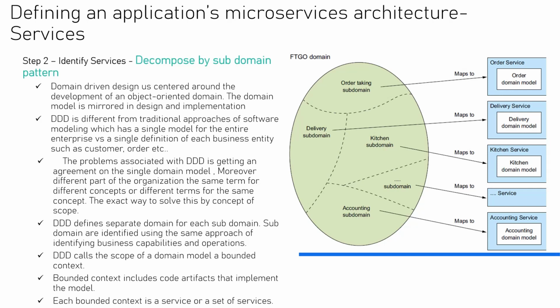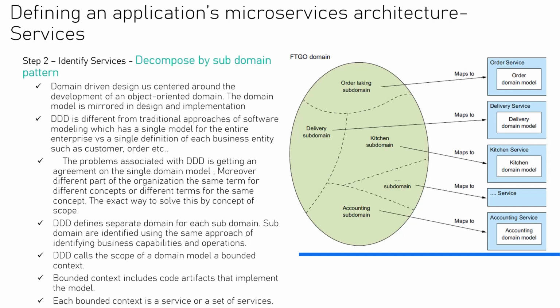There's a traceability. Now, domain-driven design is different from traditional approaches to software modeling, which have a single model for the overall enterprise. Typically, in object-oriented analysis and design from a monolithic architecture standpoint, the overall model or domain that we build is a single model for the entire enterprise. But the approach in domain-driven design is a little different.